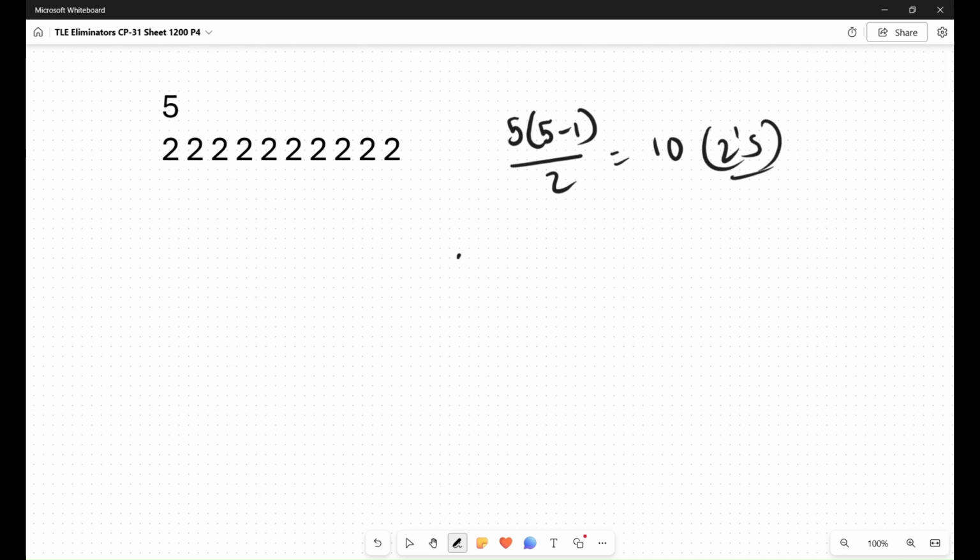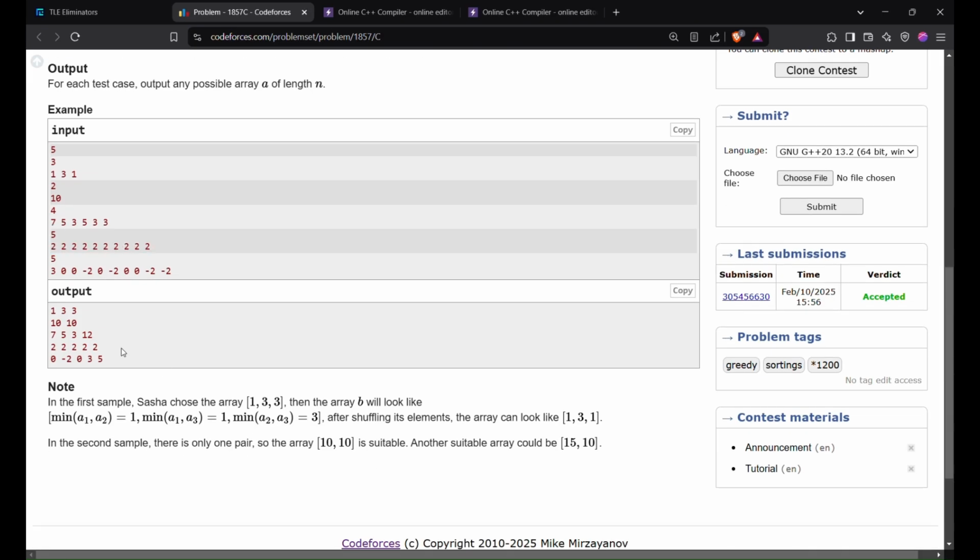So here we can notice that we will have all the twos in the array. And I think we can also have an element greater than or equal to 2 here. So that is basically the problem.